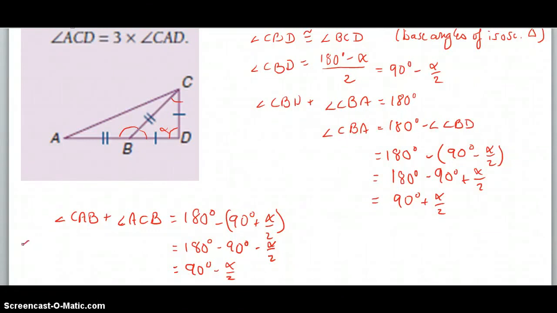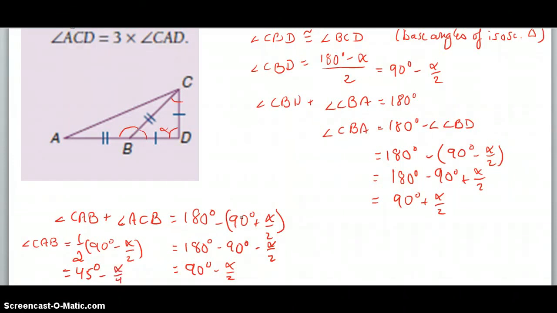So I can write the angle CAB is going to be half of this angle here. Let's multiply out. Half of 90 is 45 degrees. Half of alpha halves is going to be alpha over 4.